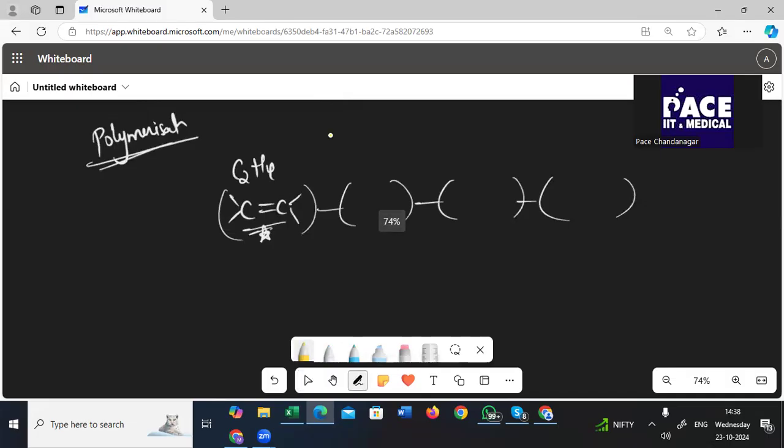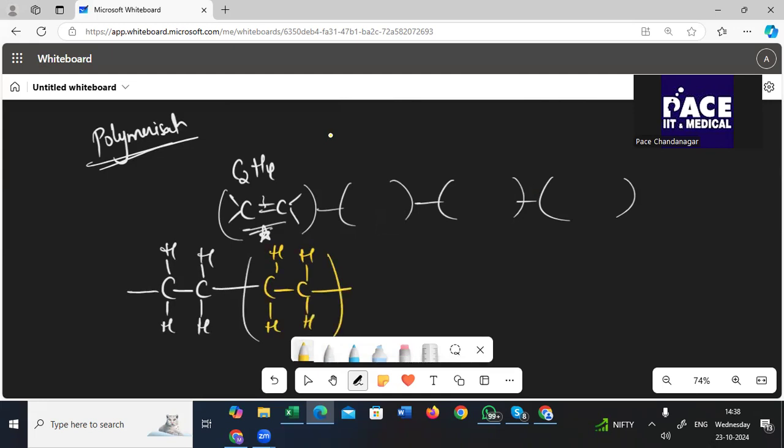Now, how do they link with each other? What happens here is they break up their bonds in between. See, this is what single bond, hydrogen, hydrogen, hydrogen, hydrogen. Okay, and then another carbon, another monomer. This is another monomer of C2H4. Although it has to be double bond, this double bond gets broken down. And then monomer unit to the another monomer unit.